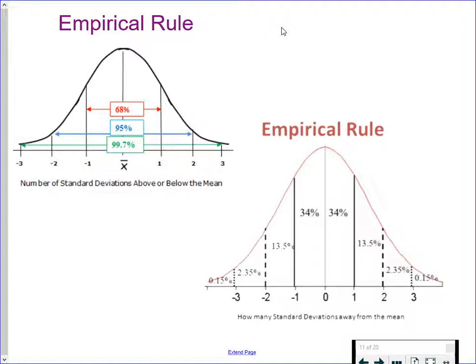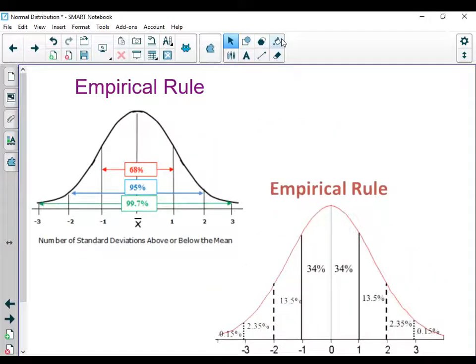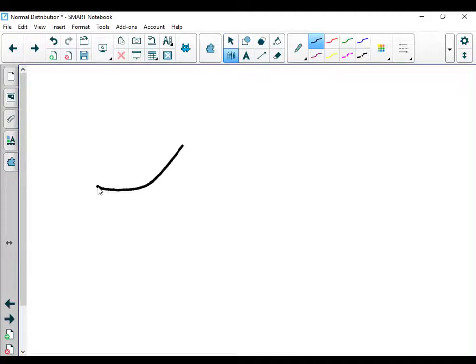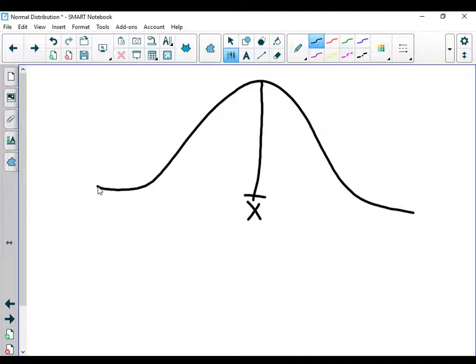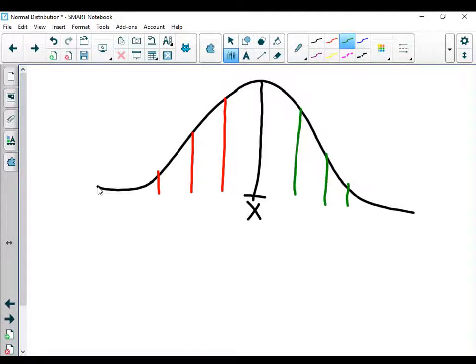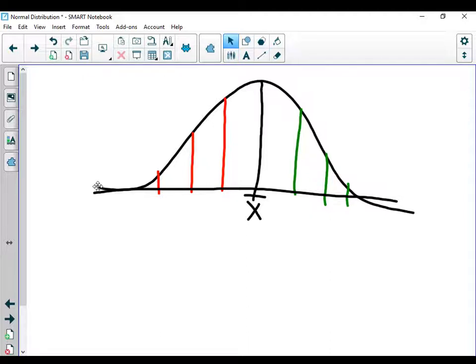So let's take this information here and create this, all right? And I'm gonna do it, sometimes it's easier if I do it by hand with y'all. Okay, so let's start off with our bell curve. We have our mean. We have 3 standard deviations to the left and 3 standard deviations to the right. Beautiful curve. Okay.